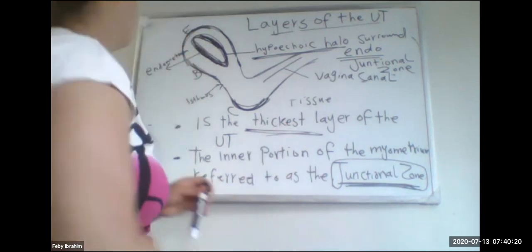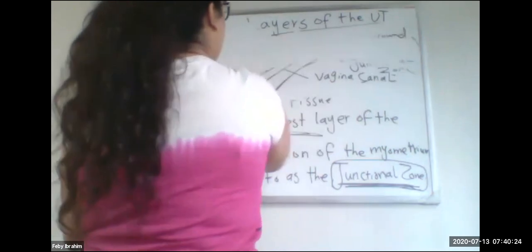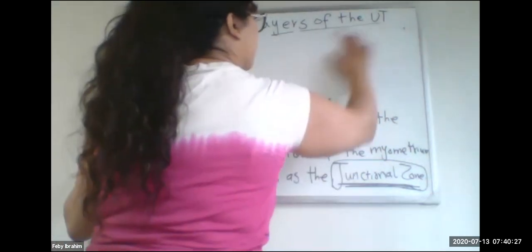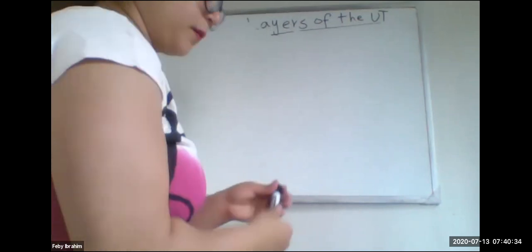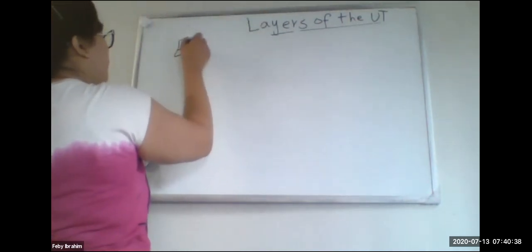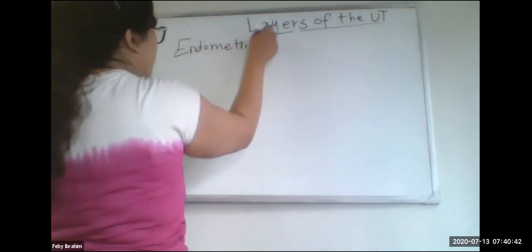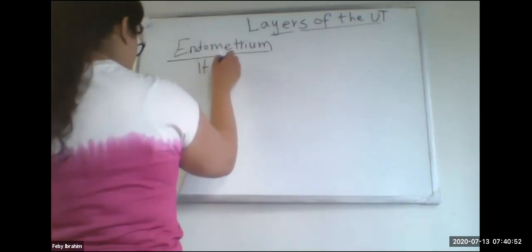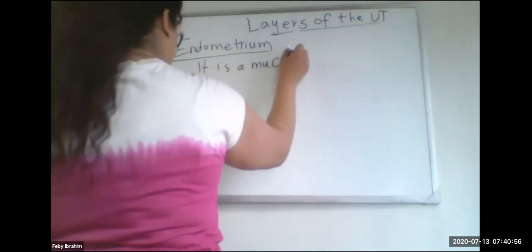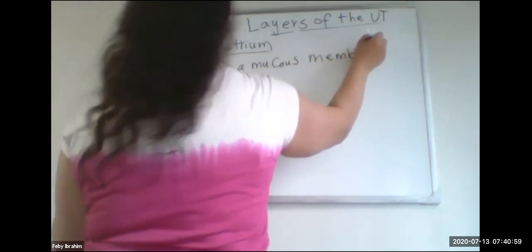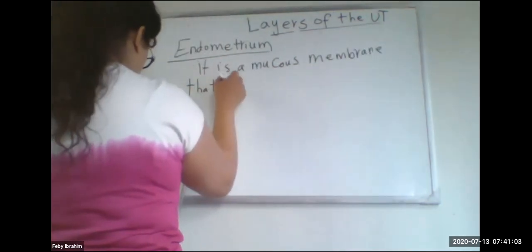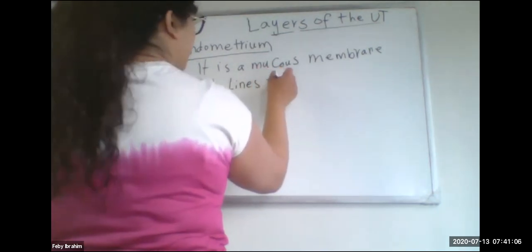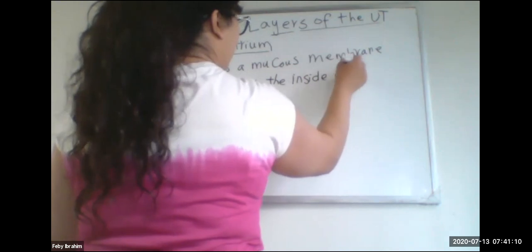Let's write down information about the endometrium. Endometrium is a mucous membrane that lines the inside of the uterus.